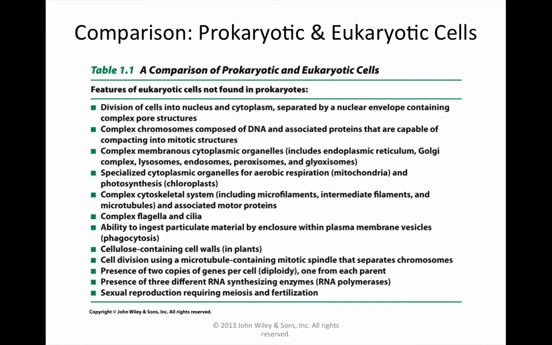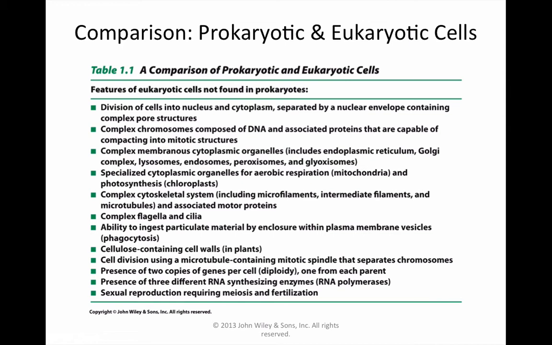This table, 1.1, compares, again, prokaryotic cells and eukaryotic cells. And it shows some features of these eukaryotic cells that we do not see at all in prokaryotes. So with the eukaryotic cells, they are divided into a nucleus and a cytoplasm.